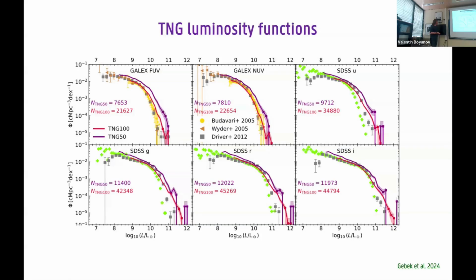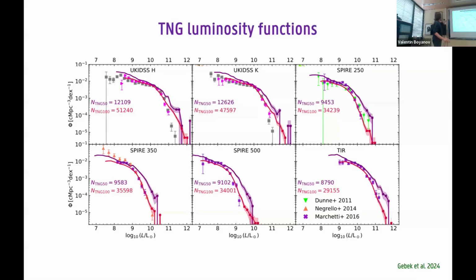The reason we found is that the subgrid physics used in the TNG cosmological model is calibrated on the 100 megaparsec volume. So if you use the same subgrid recipes on a higher resolution simulation, you over-predict the stellar mass and the star formation rate. The TNG100 is doing a better job.